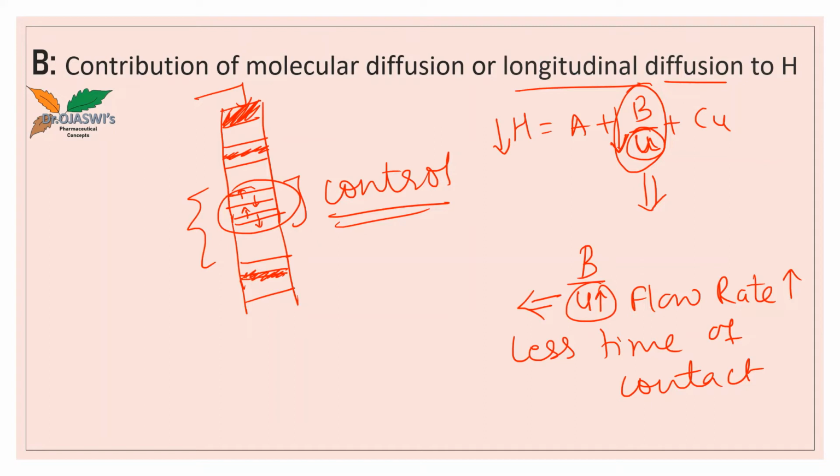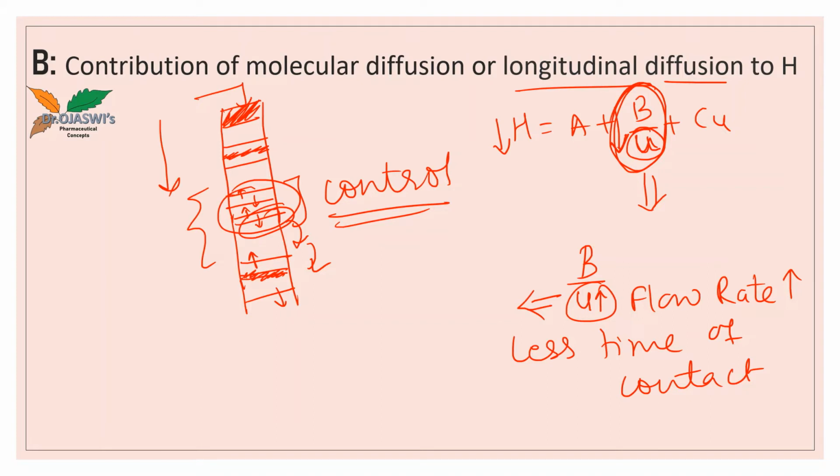The faster the mobile phase passes down, the faster it takes up the solute to the next levels down the column. Okay, and thus the solute will not have much time to diffuse on either side. So that is the intention, and thus this U is kept in the denominator so that the overall value of B by U will be reduced.